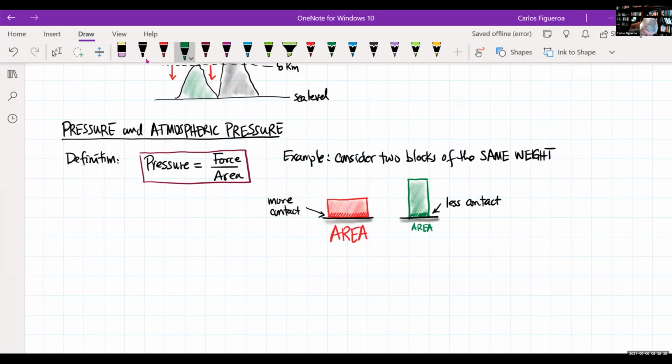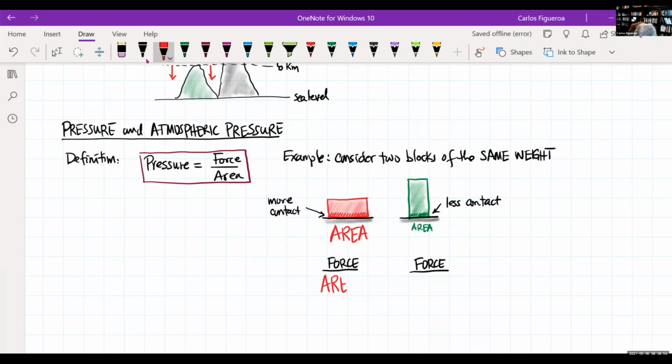So when I look at the pressure now, what we can say is this. In each of these cases, we have the exact same force. They both weigh exactly the same. But we have different contact areas.